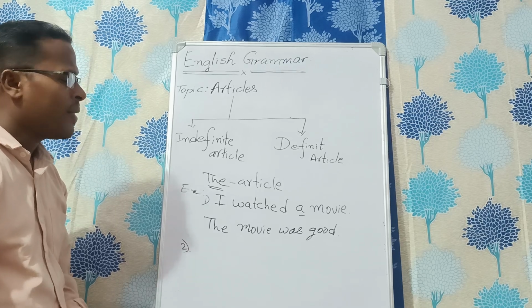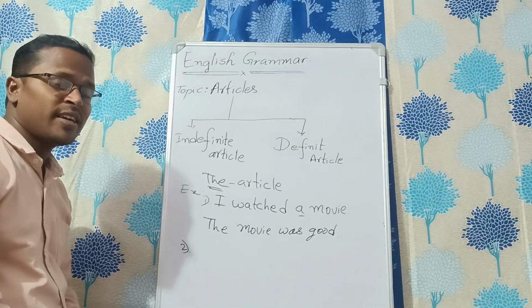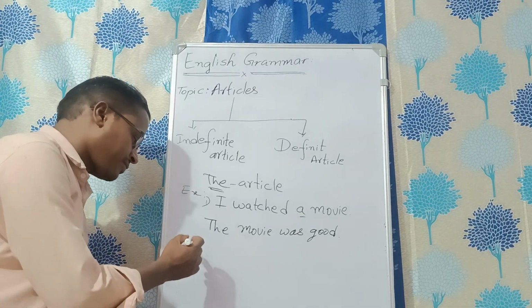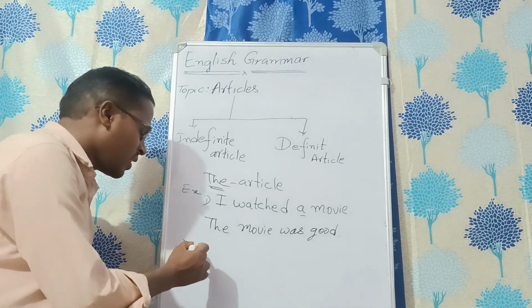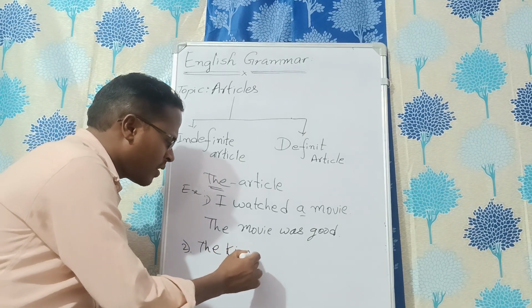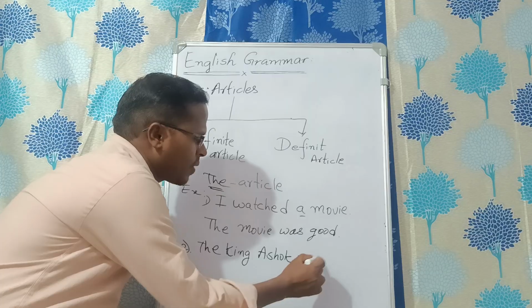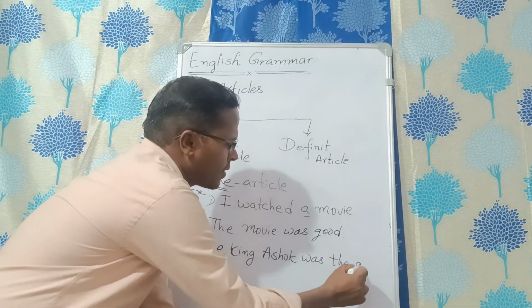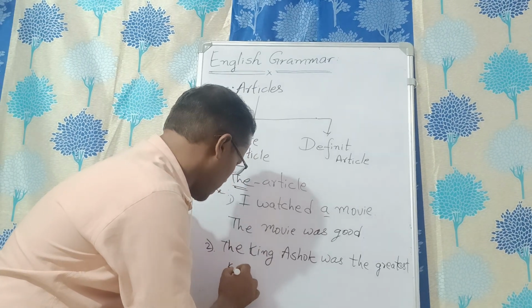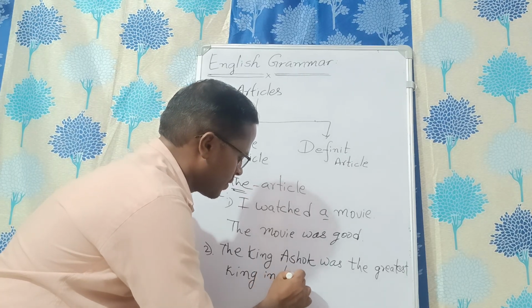And one more thing, the is also used before a superlative degree adjective. For example, the king Ashoka was the greatest king in the history.